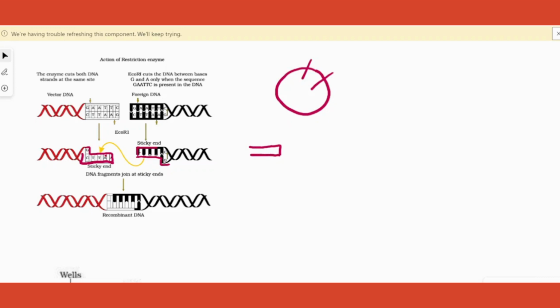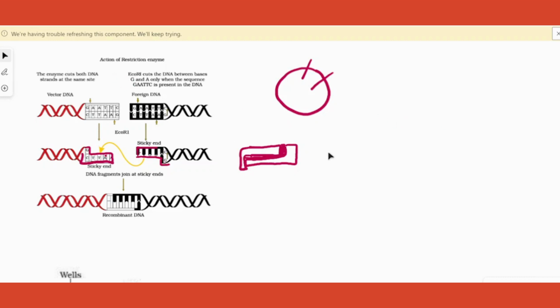This is the sticky end of the vector, and this is the sticky end of the gene of interest. They both tie into each other very neatly, and then this can be sealed using another enzyme called ligase. This process is called creating a recombinant DNA. Hope that is clear.